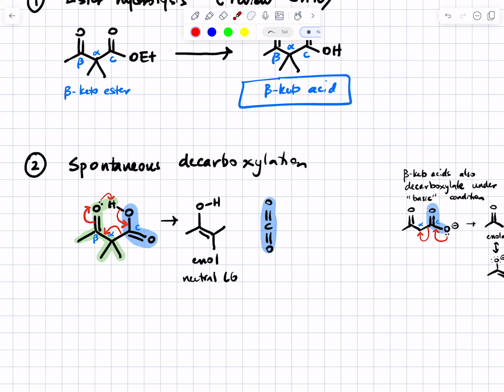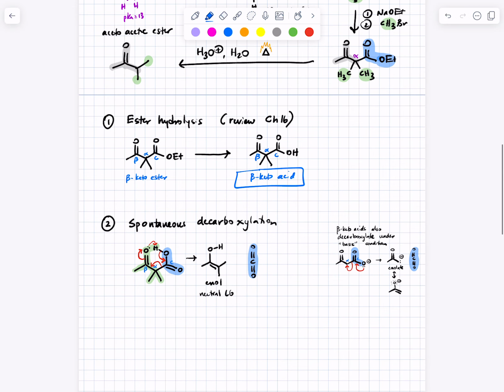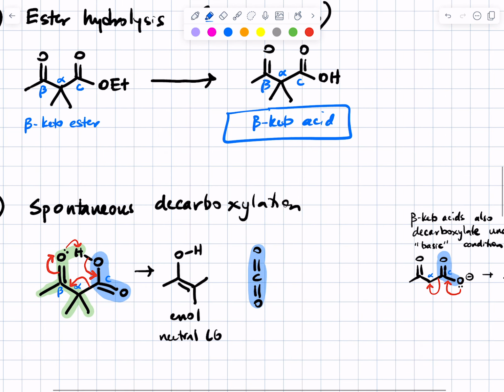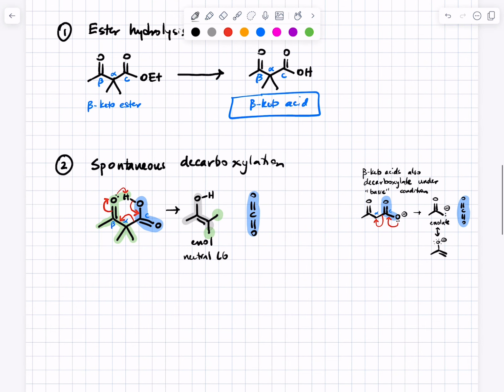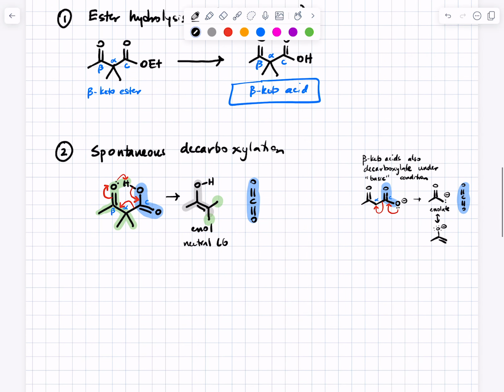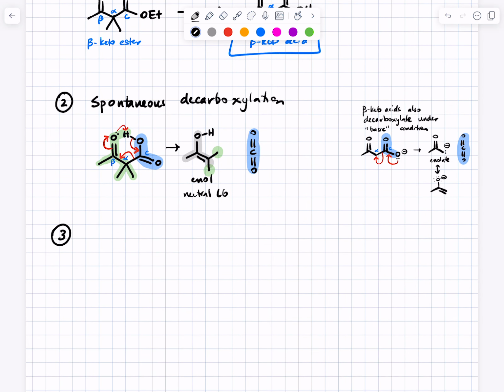Okay? So notice what that does. Remember, our goal was to get to this product. We got rid of the ester, but we're still not at our product. We've got all of the pieces in place, but there's a difference, and some of you have noticed this already. What we've got here is not our product, but it is the tautomer of our product. It's the enol form of our product.